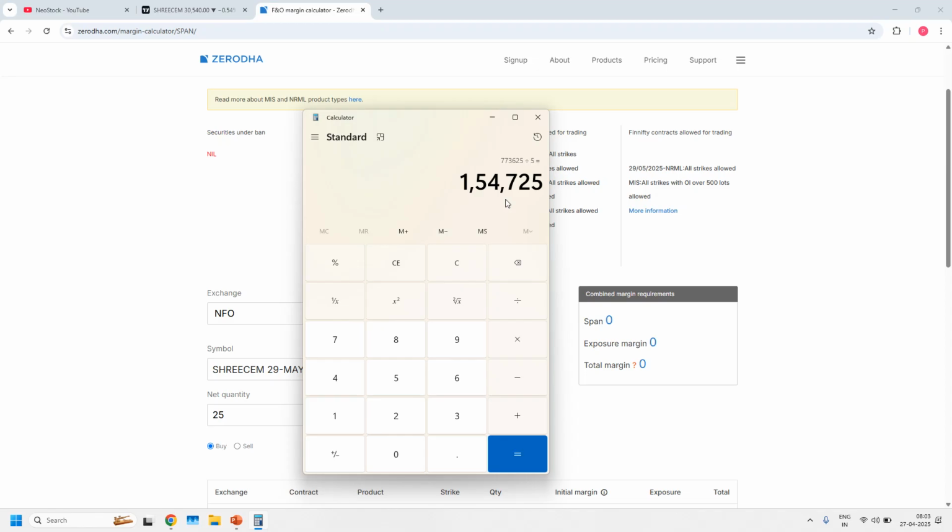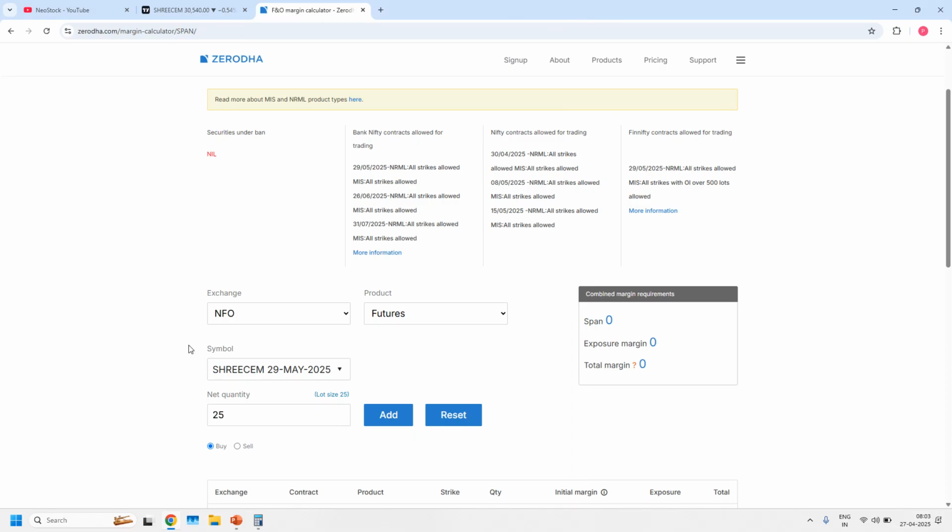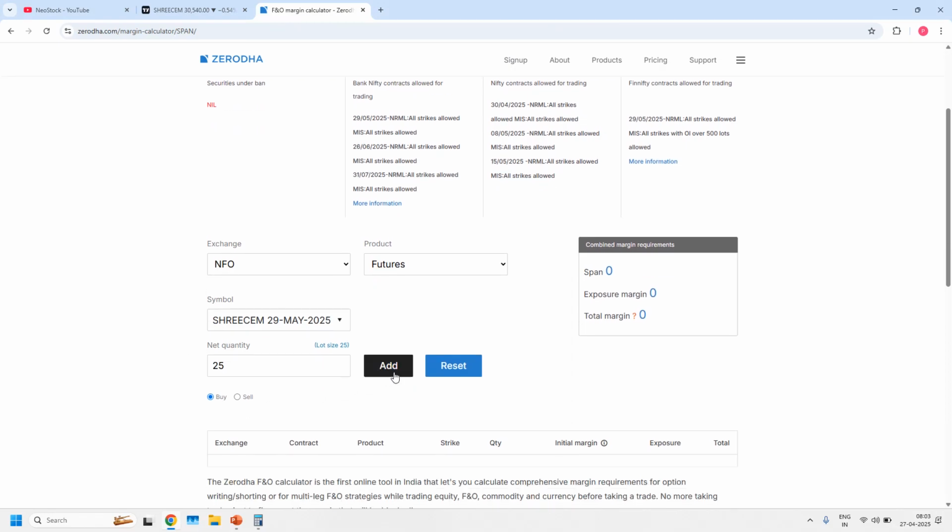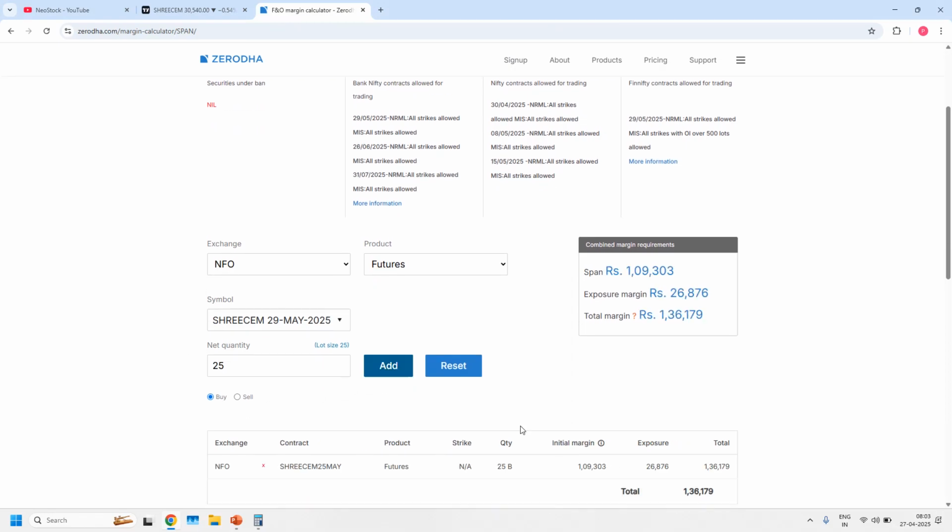They have their own calculations. I don't want to get into that part. But the final value, how much we need to invest, you can see here in Zerodha's margin calculator. Click this add button. Now, they have some calculations, some SPAN value and exposure margin value, both together, whatever is coming. That is the money you have to invest.